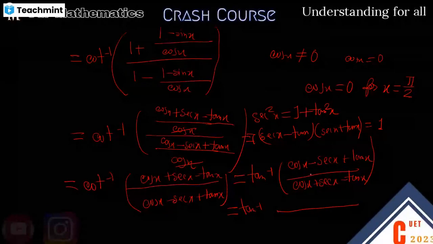So we'll try to use this formula here. Just multiply the numerator and denominator by sec x plus tan x.